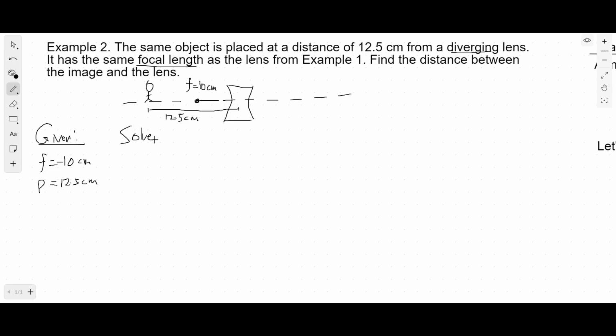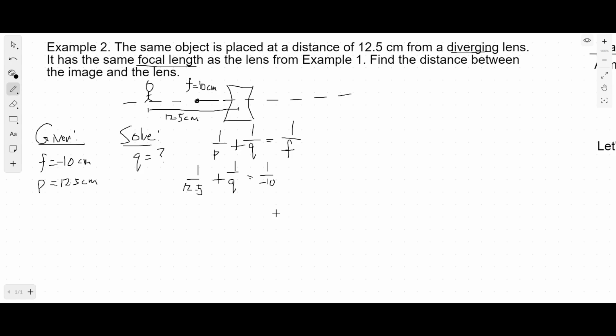And what we need to solve for is the image distance again. So let's write out the equation: 1 over p plus 1 over q equals 1 over f. Now I'm just going to put the numbers in. So 1 over 12.5 plus 1 over unknown q equals 1 over negative 10.